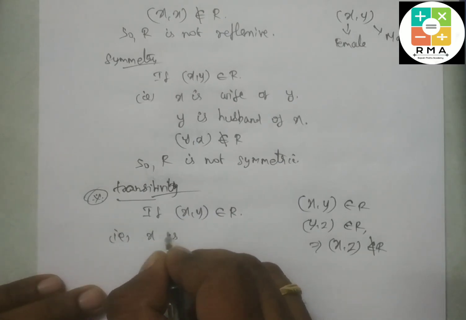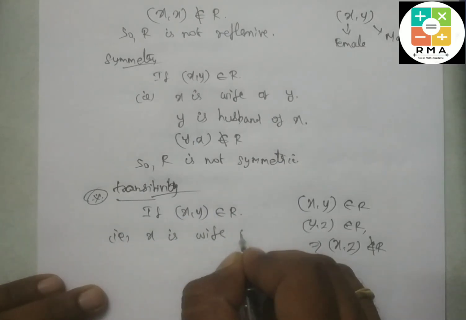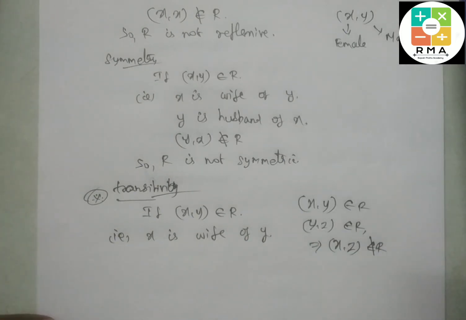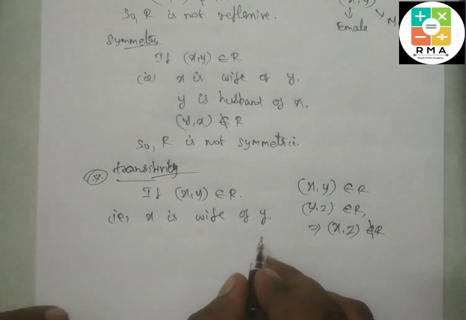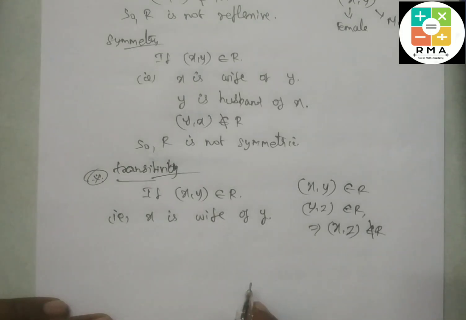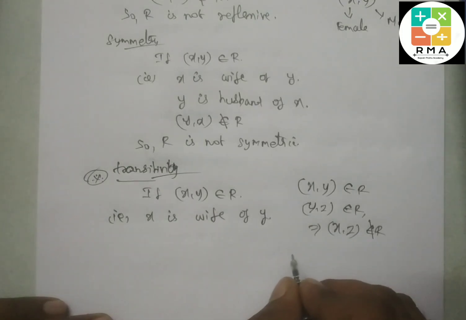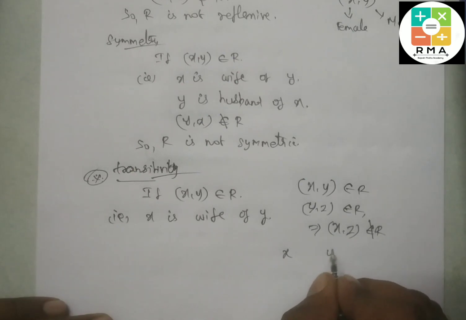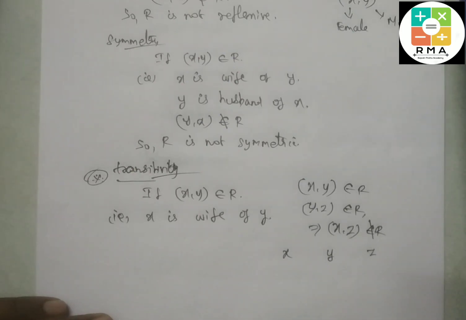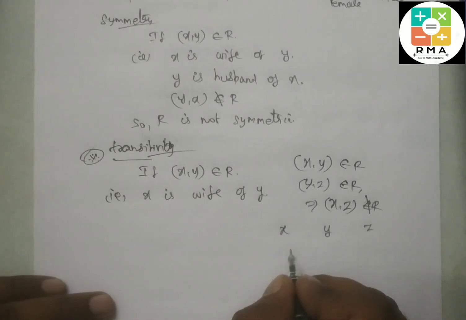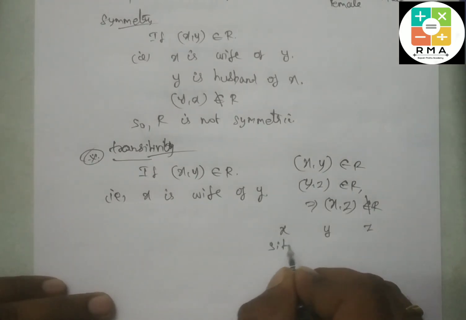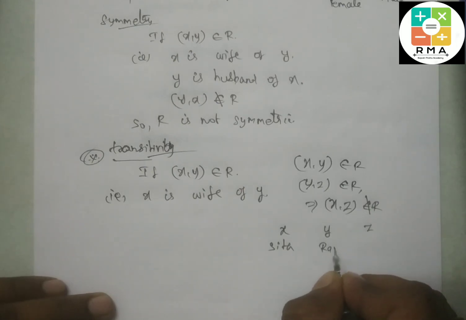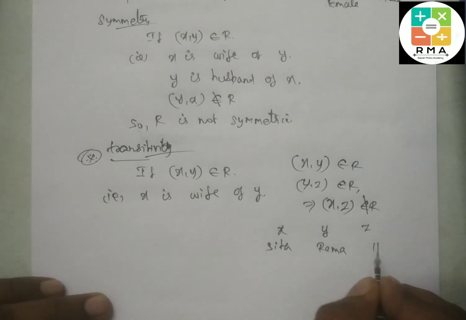I said already, x is wife of y. But I am unable to find (y, z). I cannot find it, because for example I am taking x as one person, y as another person, z as another person. A well known example we can take: x is Sita, y is Rama, and z we can write any one person, Hanuman, like that we can take Hanuman.